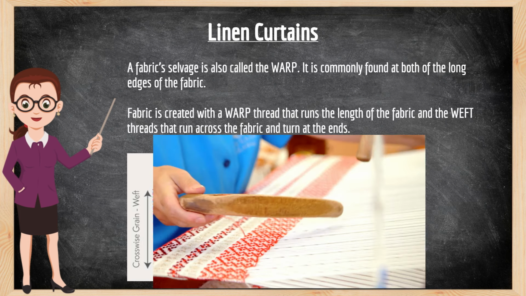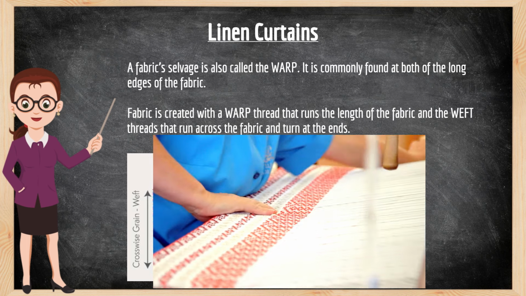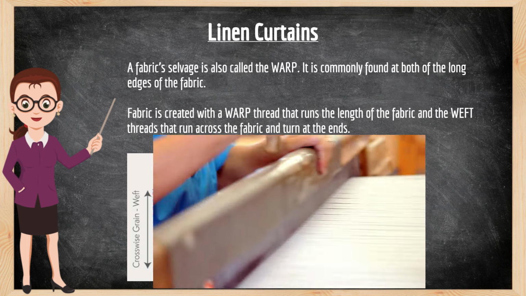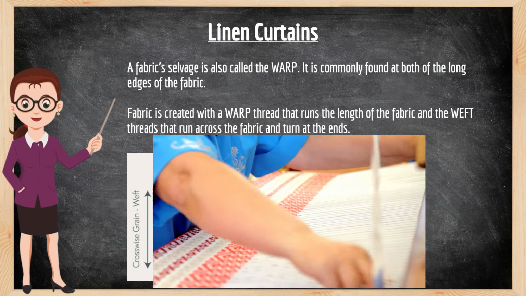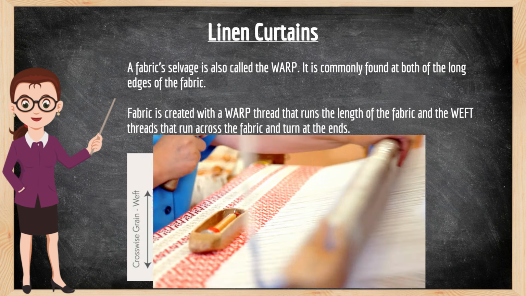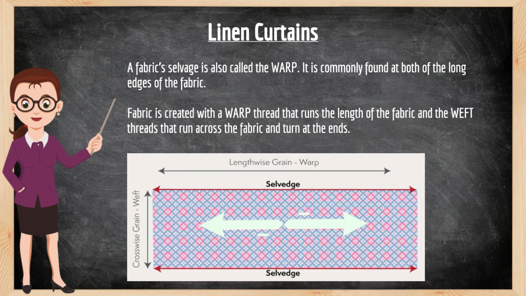And fabric is created with a warp thread that runs the length of the fabric, and the weft threads that run across the fabric and turn at the end. So you have your warp threads that are your long threads, and your weft is what goes back and forth to make the fabric.